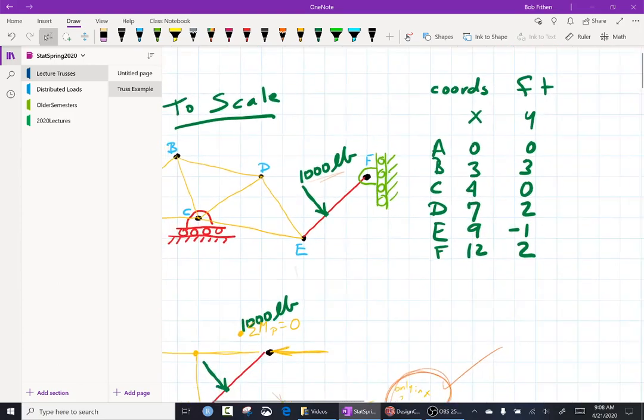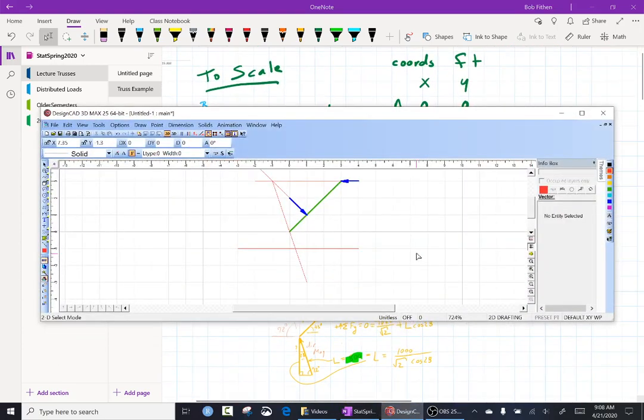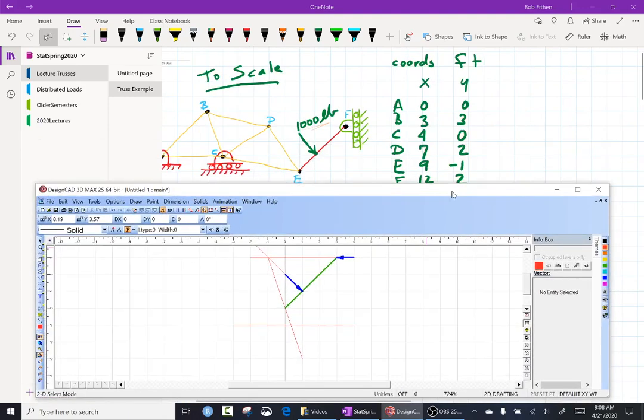So what I did is I produced a CAD drawing. What you'll see is the distance from this point to this point in the X is 1, 2, 3, and it's in the Y as well.